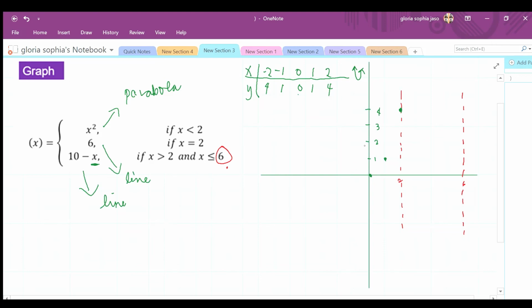And then here is negative 1. So positive 1. And then negative 2. Positive 4. So 1, 2, 3, 4. Okay, then trace natin yung graph natin.